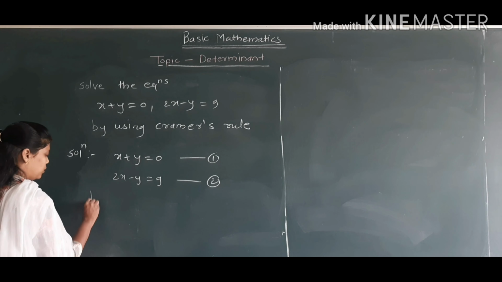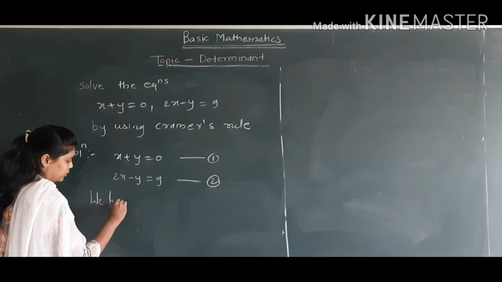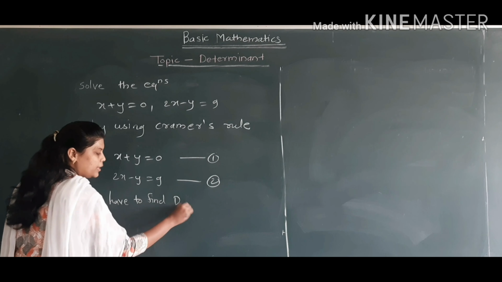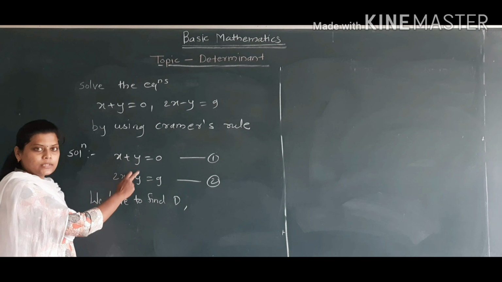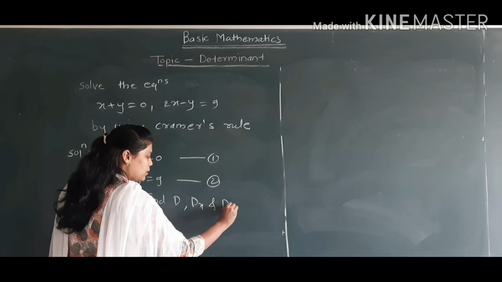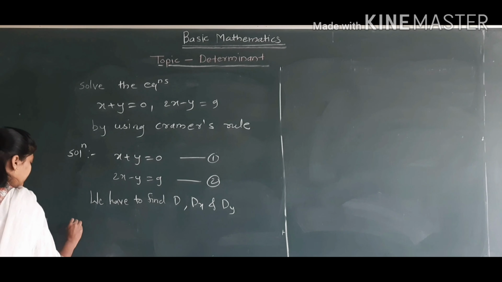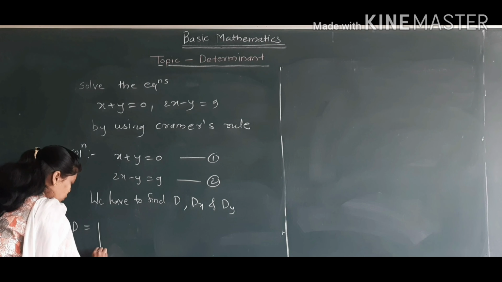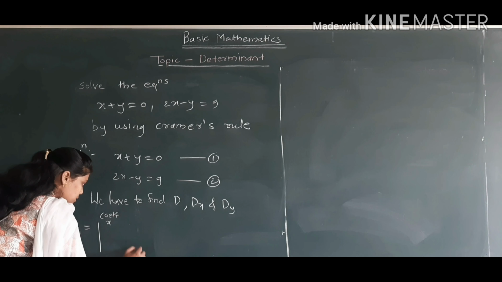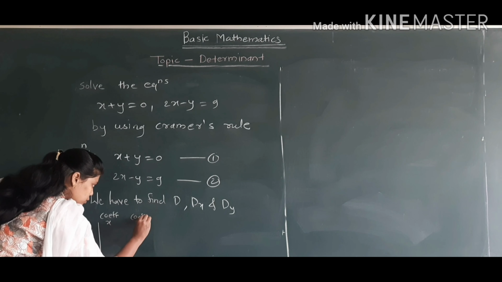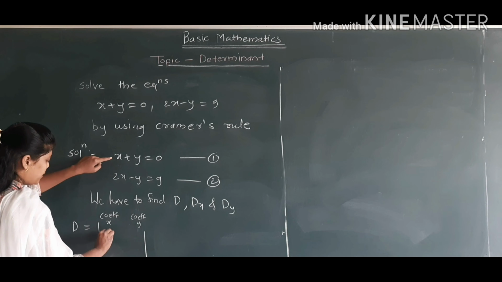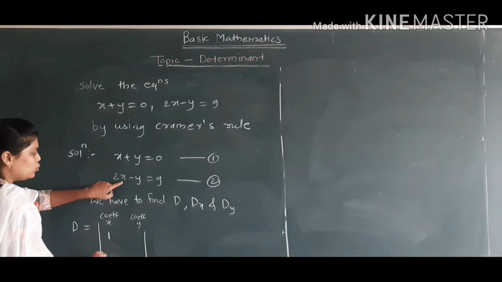For Cramer's rule, we have to find D first. Here are two variables x and y, therefore find Dx and Dy. First find D. In the first column, the coefficient of x is 1 in equation 1 and 2 in equation 2.